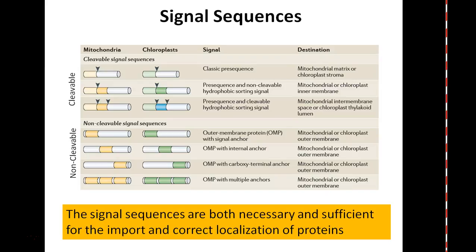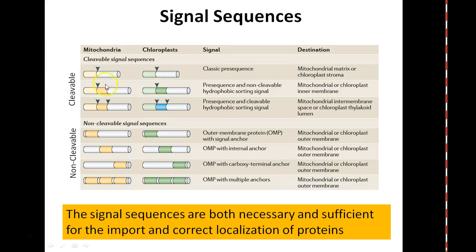So in case of mitochondria, we have two different classes of sequences, cleavable and non-cleavable, as shown here on this figure. Shown here in orange are cleavable mitochondrial sequences, and those are usually very short stretches of amino acids.